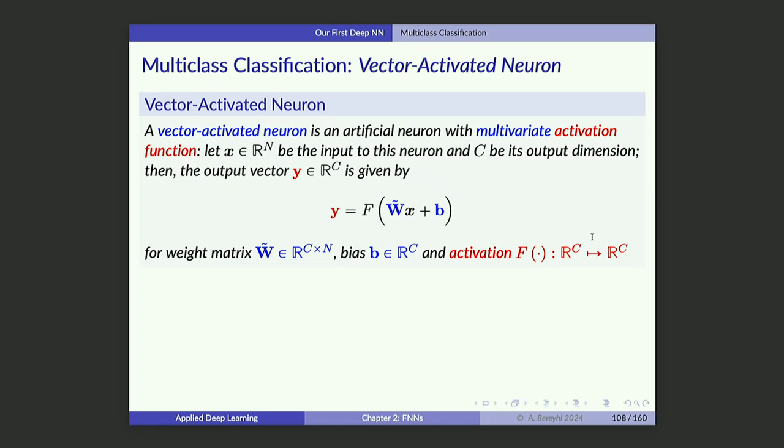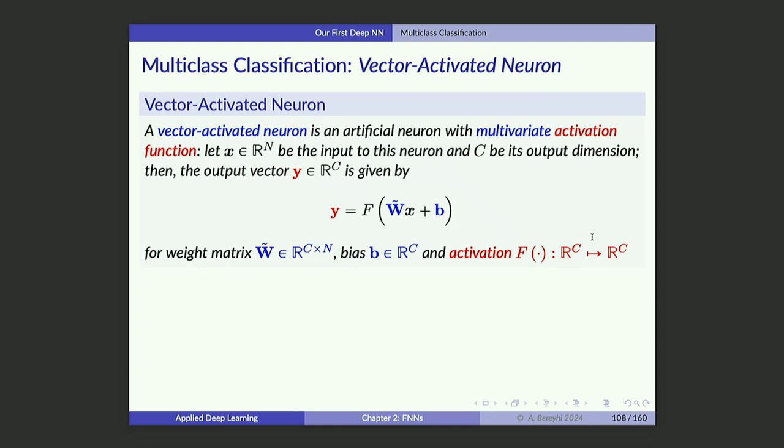Now, if I want to make it vectorized, what should I do? Instead of computing one simple number, I should calculate a vector here, right? And then instead of having a scalar function, I need to have a vectorized function. Clear? Now, I am just replacing it with a vectorized form. So I'm going to put here a function F. I'm writing a capital F to indicate this is vectorized. And now, what do I compute? In the neuron, I had a weight vector here. Now, instead of a vector, I do have a matrix, right?